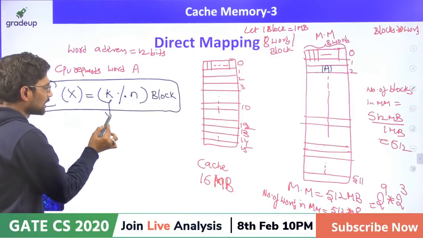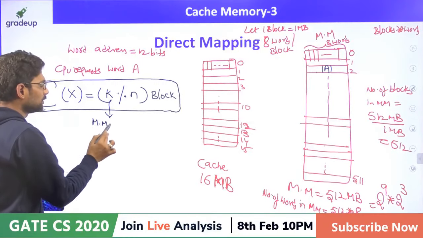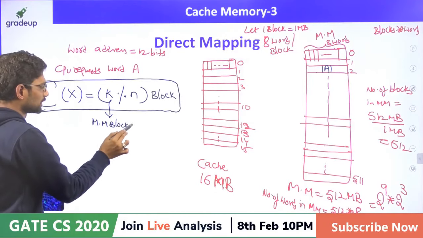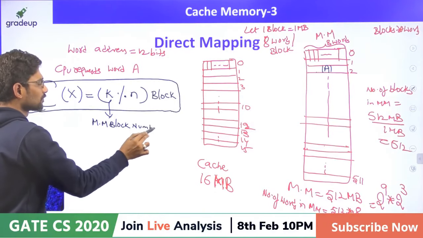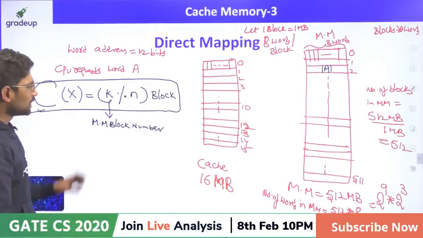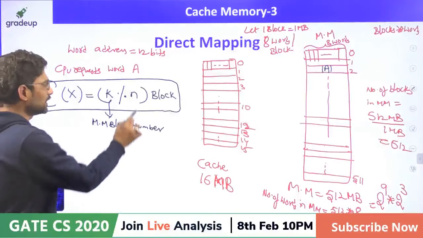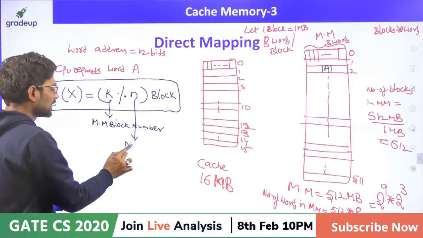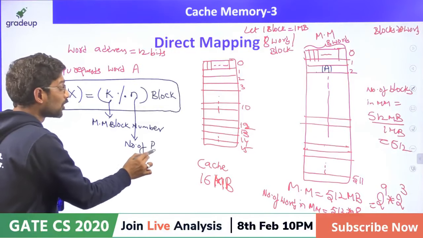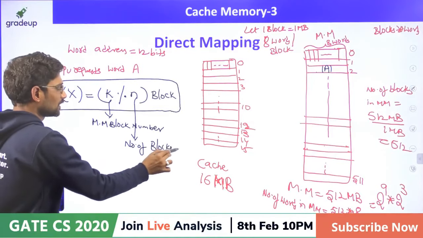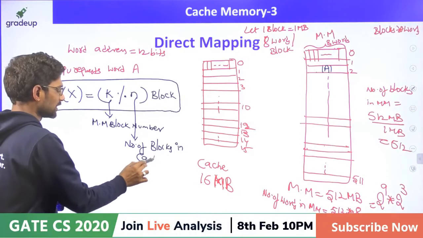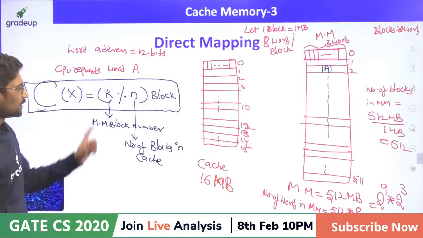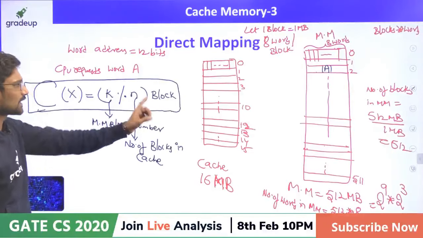What is K? K is the main memory block number, and N is the number of blocks in cache memory.